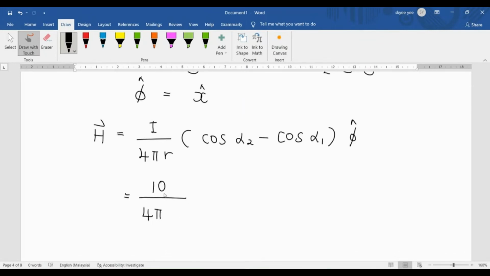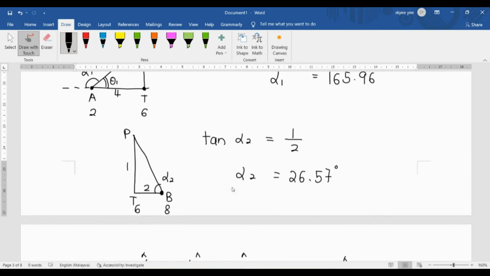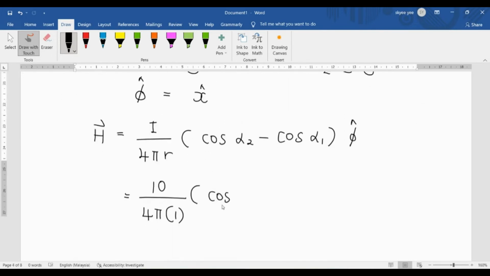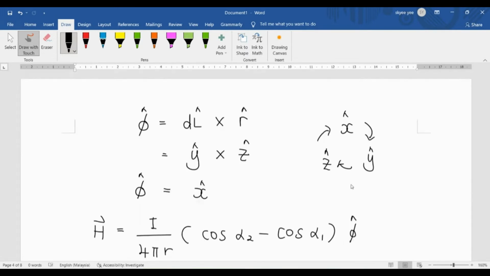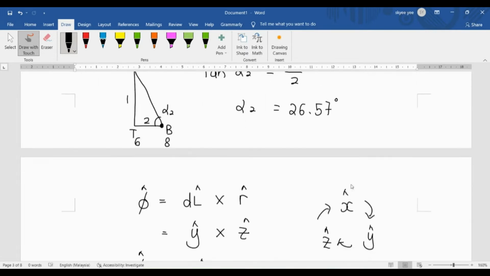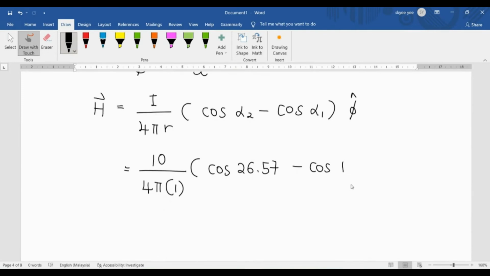So 4 pi r, where r is 1 unit, and cos alpha 2, alpha 2 is 26.57, minus cos 165.96. And the direction is x.